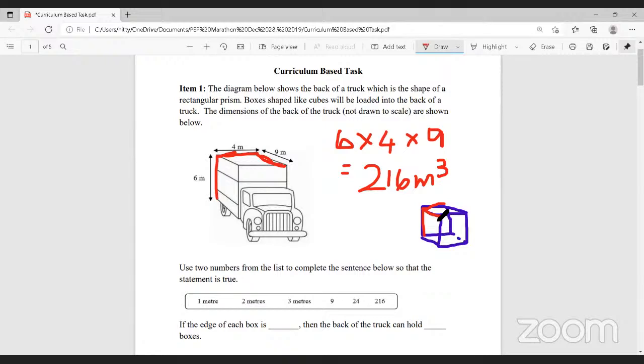So if we're multiplying to find the volume of one cube, one of the boxes, what would the volume of this box be? Because now we need to see what relationship the volume of this box will have with the volume of the back of the truck, which is this. This is the volume of the back of the truck, which we had calculated earlier.